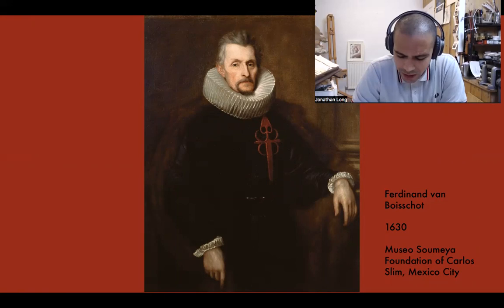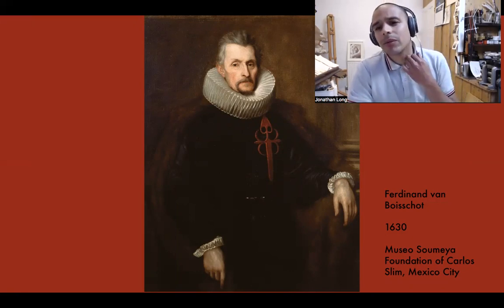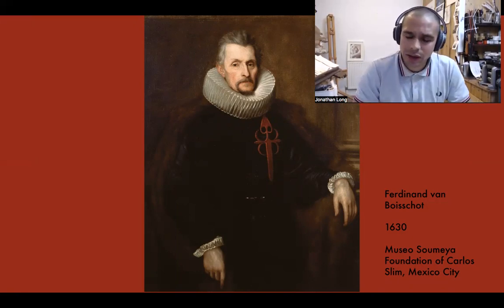So he is really an aristocrat, this guy. While he is Dutch, he is a Catholic. And he's the Baron of Zaventem. So he is a hereditary nobleman from the Low Countries, from the Netherlands.